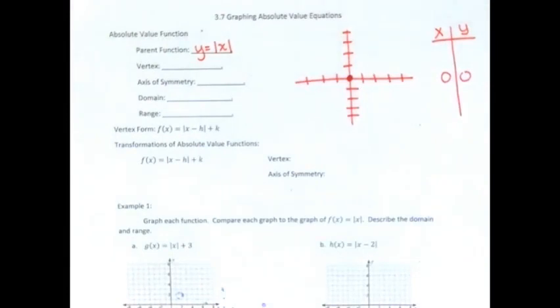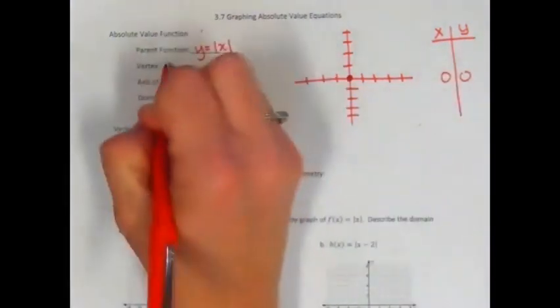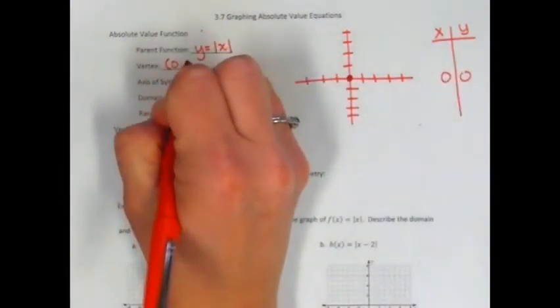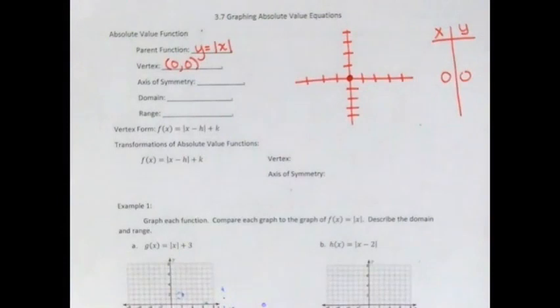No matter what, every single parent function, whether it's linear or nonlinear, will always go through the origin of 0, 0. Okay? This 0, 0 is known as my vertex. So the parent function of my absolute value, the vertex will be 0, 0.